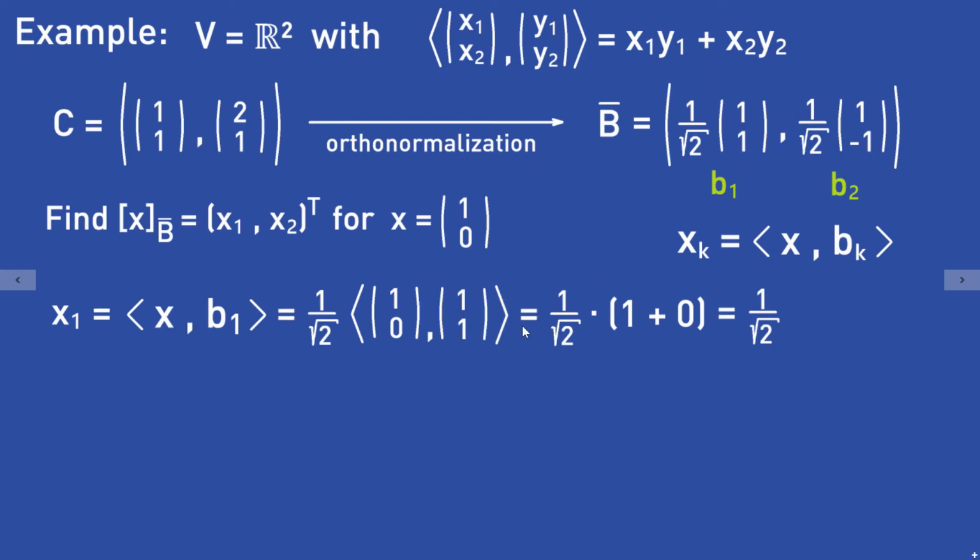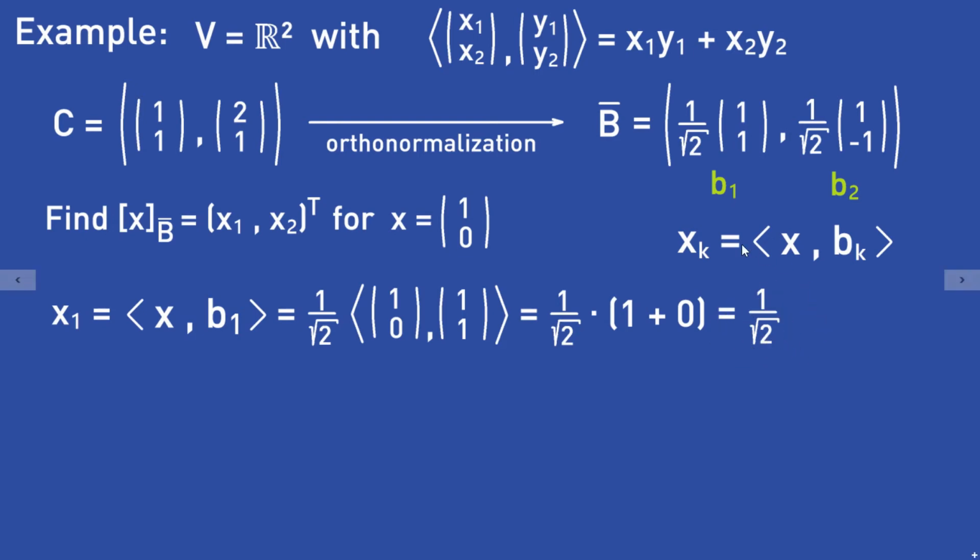So now this here is equal to 1 divided by the square root of 2 times 1 times 1 plus 0 times 1, which is 1 plus 0. So in the end, this here is equal to 1 divided by the square root of 2. So the first coordinate x1 is equal to 1 divided by the square root of 2.